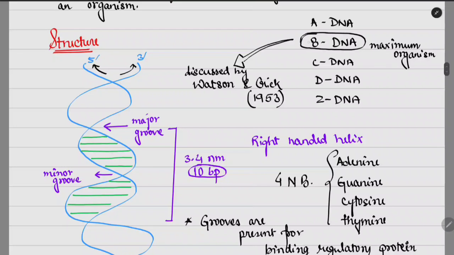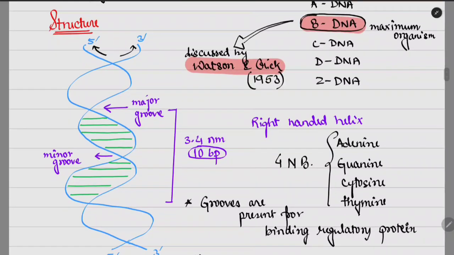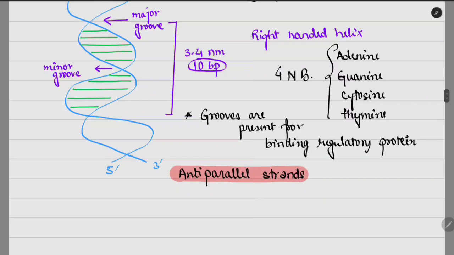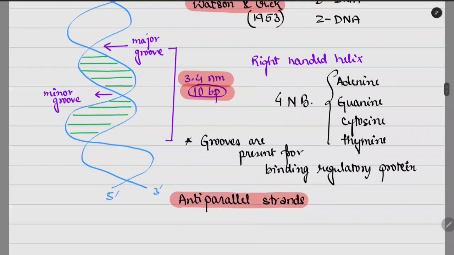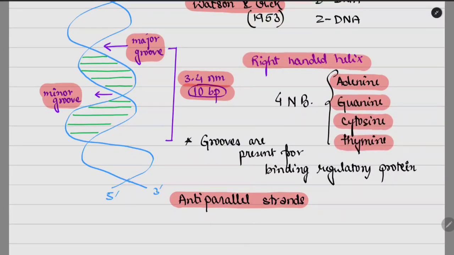We are discussing the B DNA described by Watson and Crick. It has antiparallel strands, 3.4 nanometer length of each turn, 10 base pairs, a major groove, a minor groove, and 4 major bases, that is adenine, guanine, cytosine, and thymine. And it is a right-handed helix. So these are the characteristics regarding the structure of DNA.